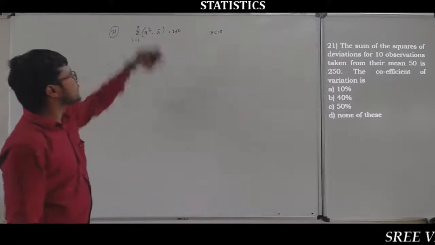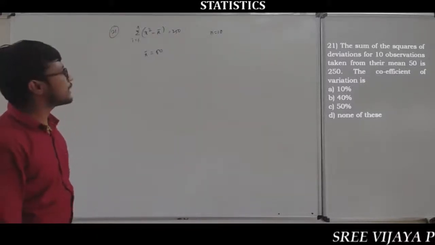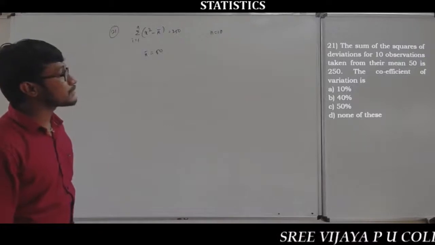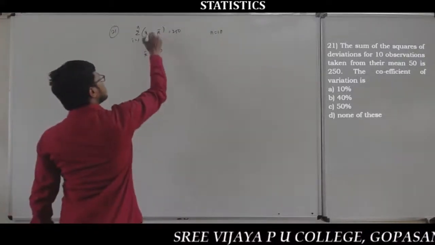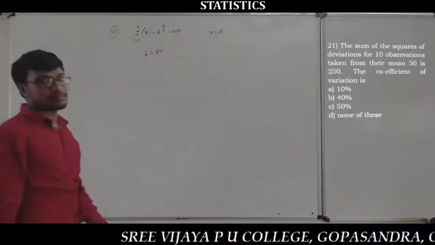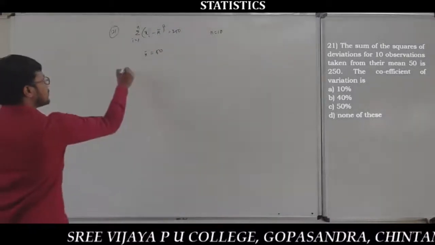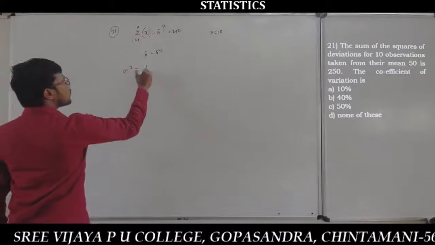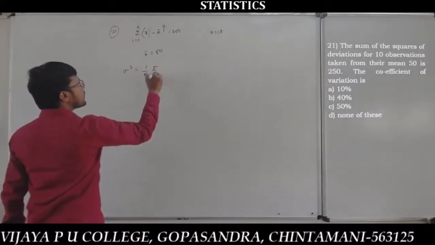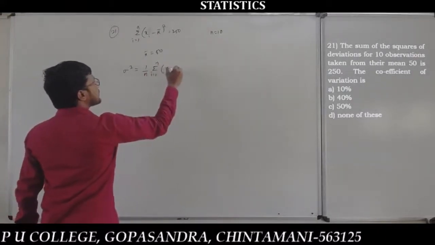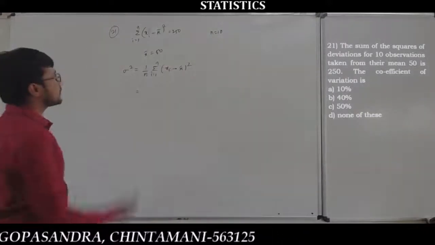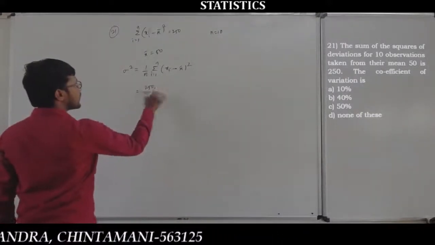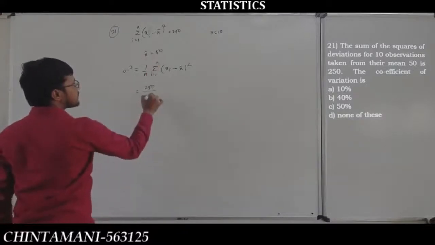So sigma square can be taken as 1 by n times summation of i equals 1 to n of xi minus x bar whole square. What is the summation of xi minus x bar whole square? That is 250, by the number of observations, that is 10.